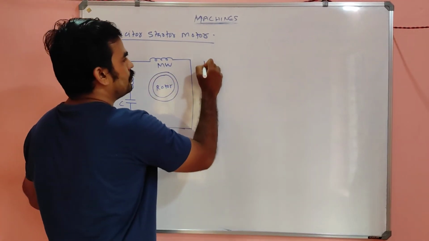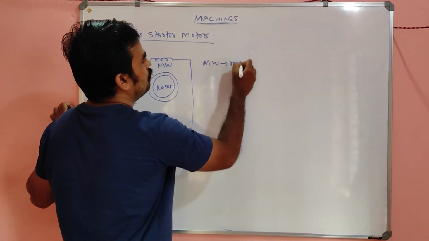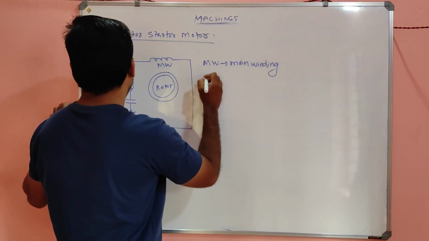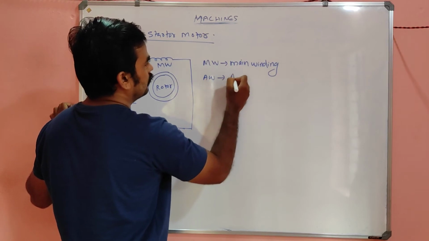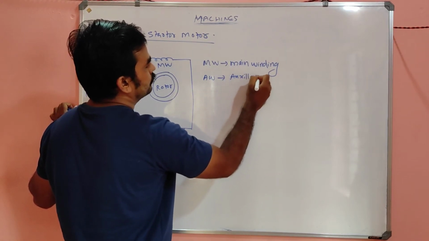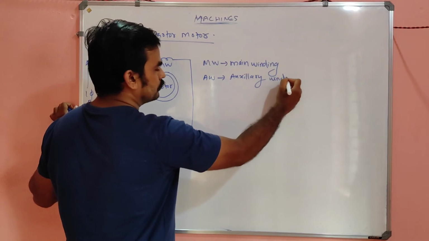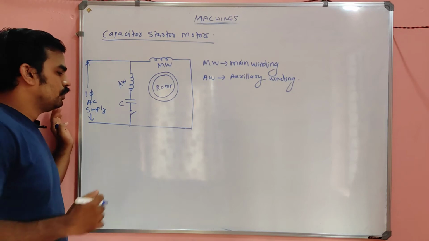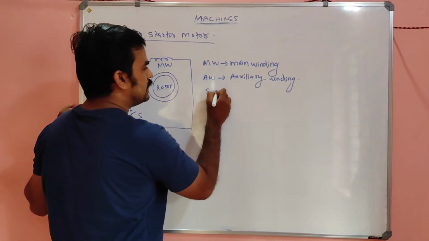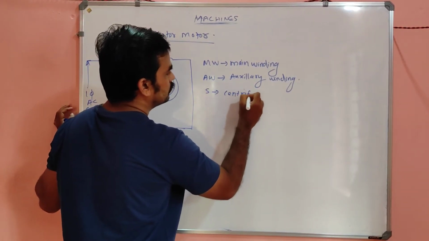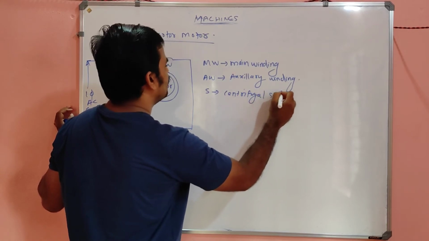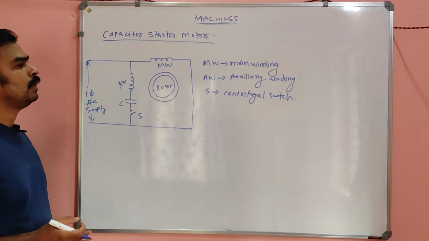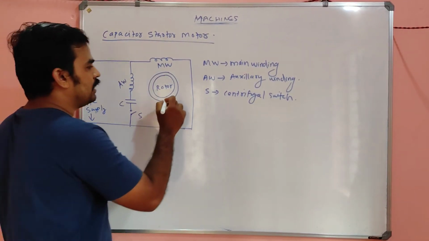This MW is called the main winding, and AW is called the auxiliary winding. This is called a centrifugal switch, my dear, which acts according to the centrifugal action. That's all, you can simply remember it like a switch. So this is the rotor, normally a squirrel cage rotor.